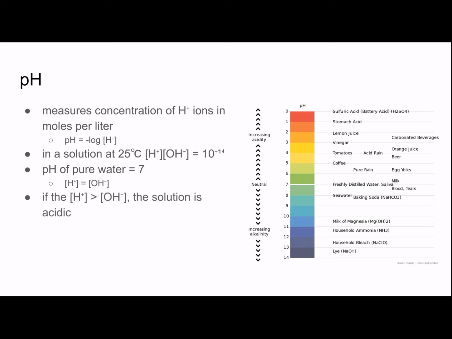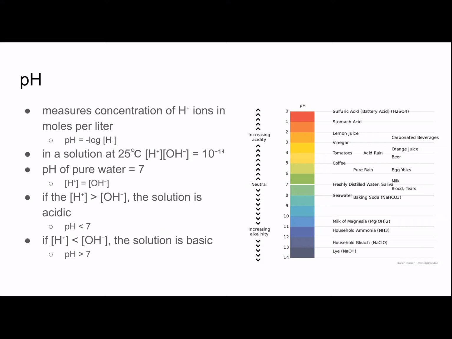If the concentration of hydrogen ions is greater than the concentration of hydroxide ions, then the solution is acidic, which means the pH is less than 7. If the concentration of hydrogen ions is less than the concentration of hydroxide ions, the solution is basic, which means the pH is greater than 7.